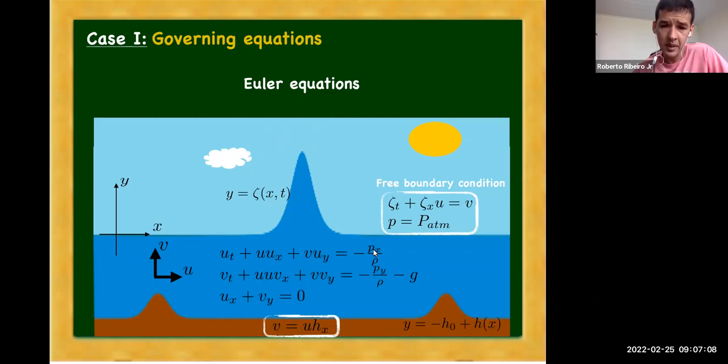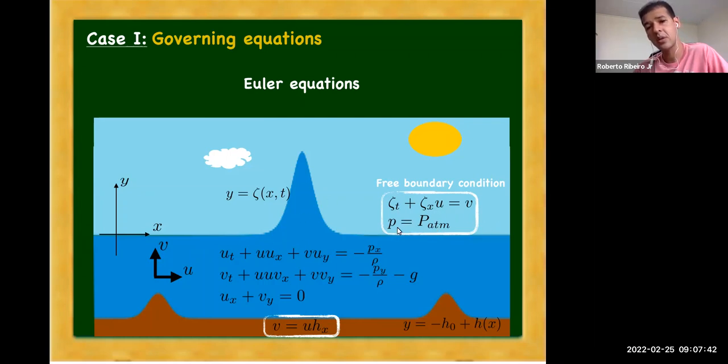Here, P denotes the pressure, rho is the density of the water, g is the gravity, and to solve this equation, we have to solve it in the fluid body, and we also have to deal with two boundary conditions, one on the bottom, and this system of conditions evaluated along the free surface.